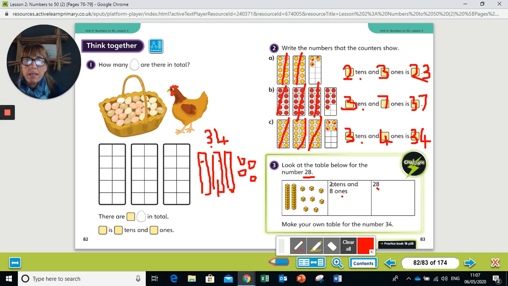And if we were writing it, we would write 3 tens, and how many ones? Shout it out at me so I can write it down. 3 tens and 4 ones.